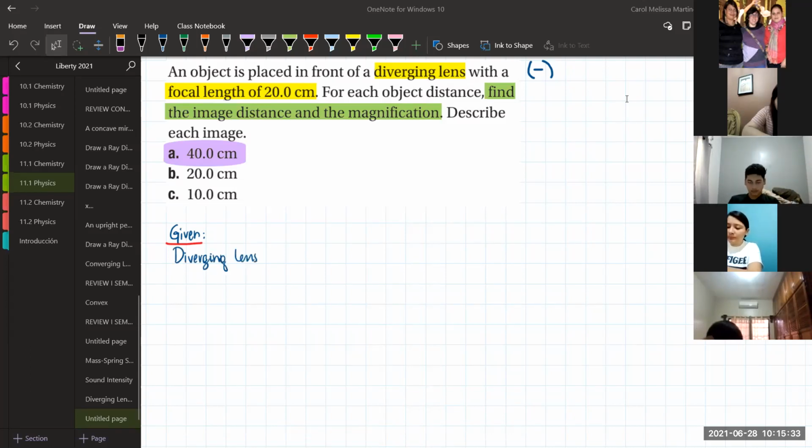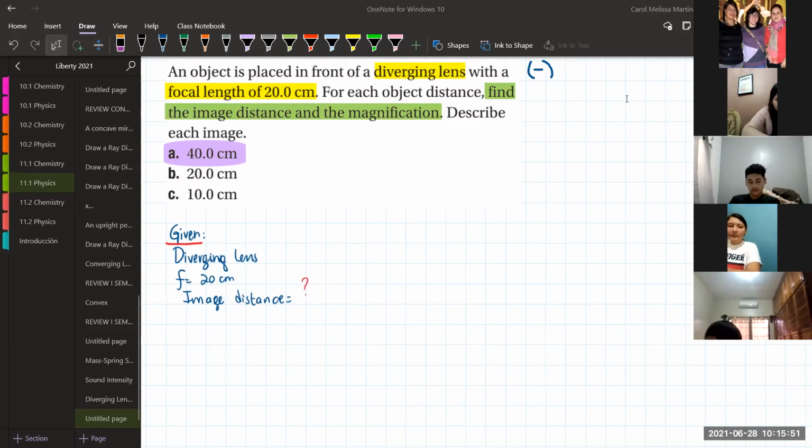Okay, that's the first step. The second is the focal length, which is 20 centimeters. It's asking you to find the image distance. Unknown, okay?